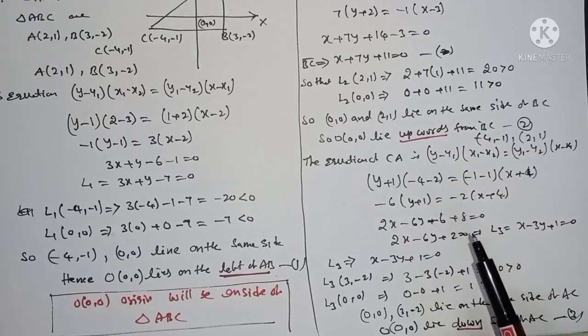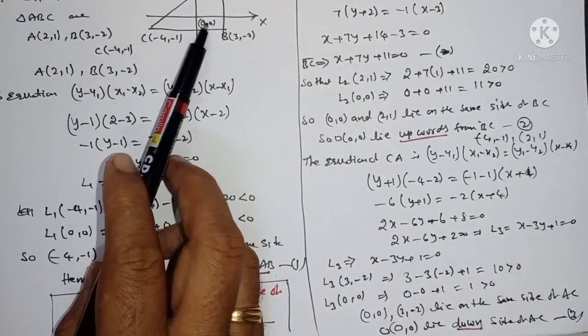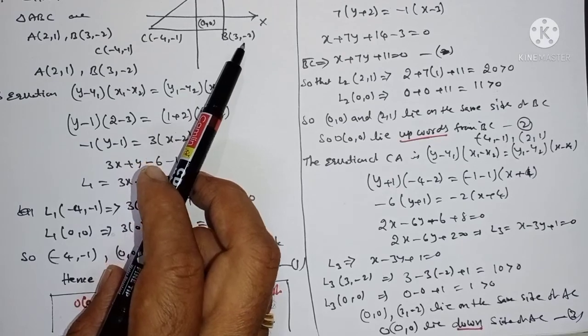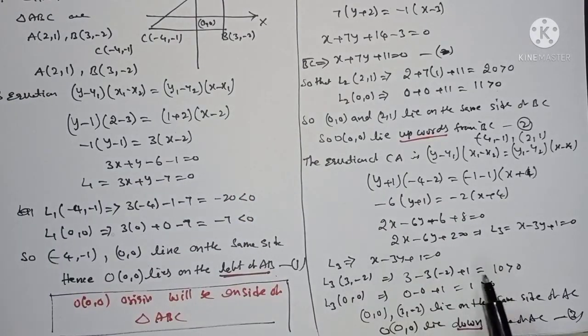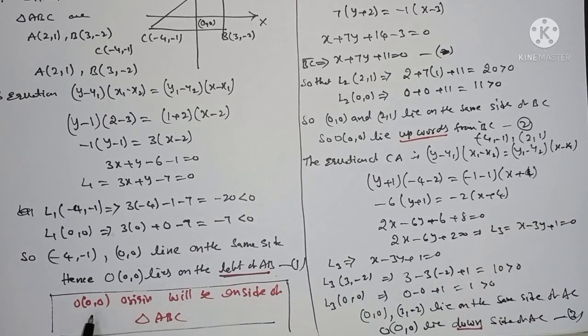And for CA also find the equation and put in 0 comma 0 and 3 comma minus 2. This also is one side only, greater than 0, but the downside is there. Therefore from 1, 2 and 3, you can say that the origin 0 comma 0 will be inside the triangle ABC. Once again listen and you can practice this method.